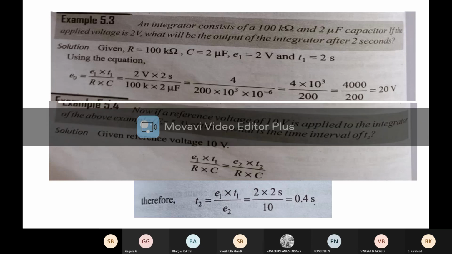In the next class, we'll be discussing successive approximation.